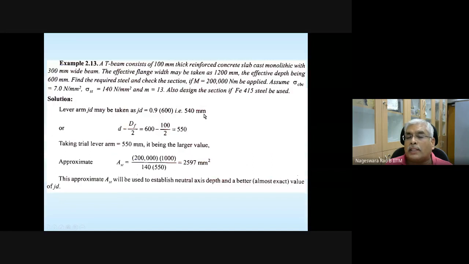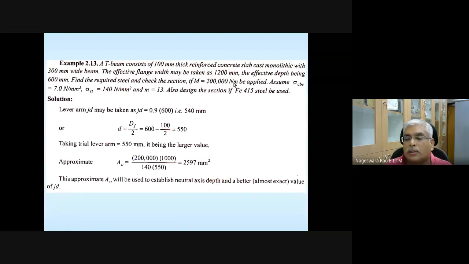Those two quantities are calculated, 0.9 times d and also small d minus half of the flange depth. Whichever is larger is taken as a trial, taking the trial lever arm as 550 mm. So once you know the lever arm, you know what is the moment this beam has to withstand, 200,000 Newton meter.